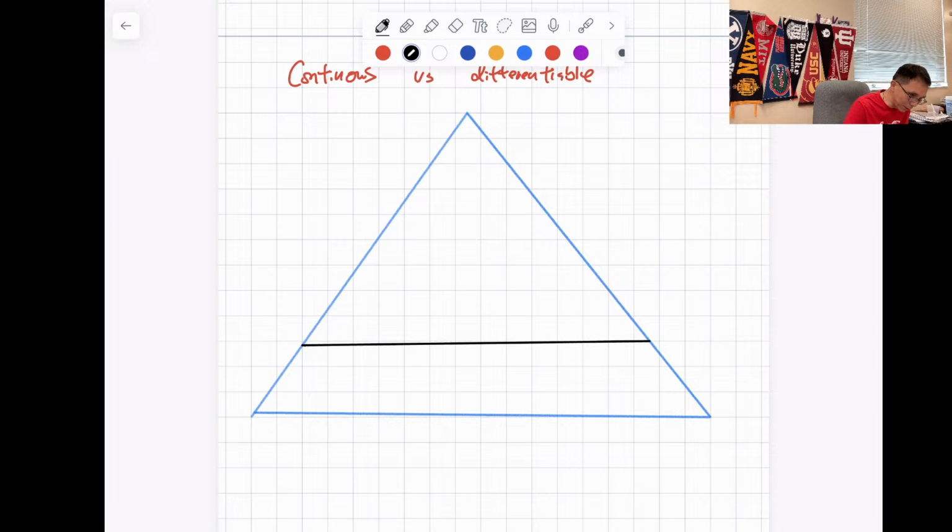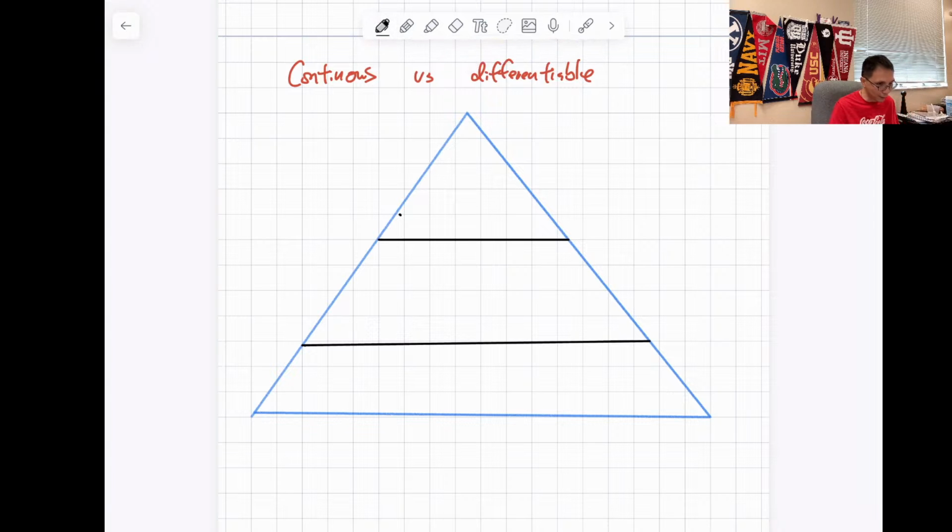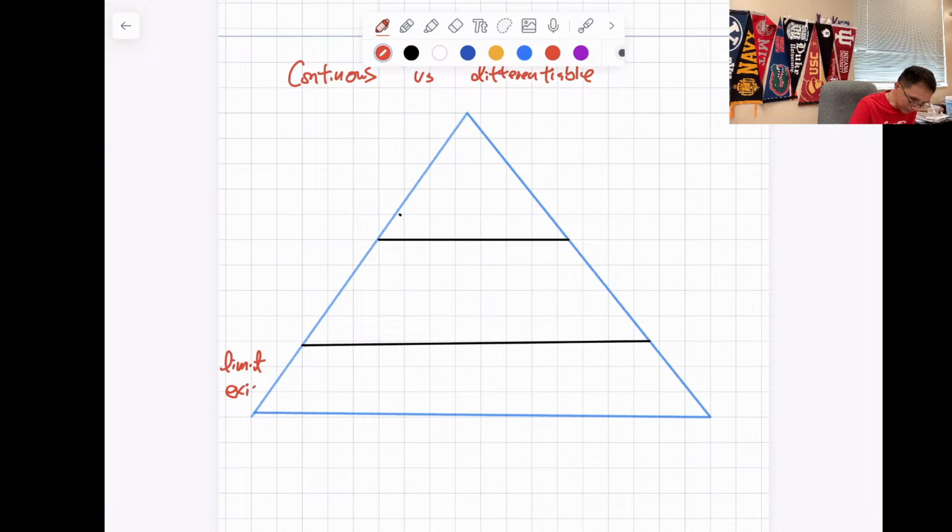Okay, so on the bottom, there are 3 layers, and you cannot have the top layer without the bottom layer. So the first layer is going to be limit exists.